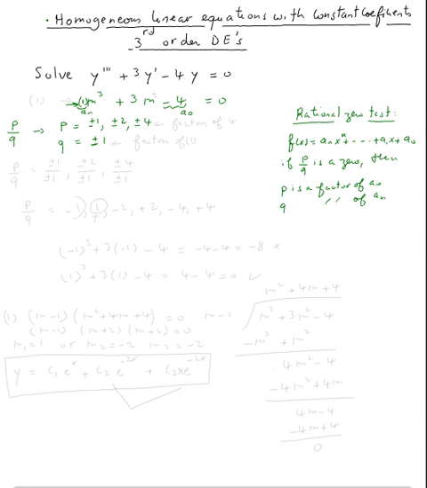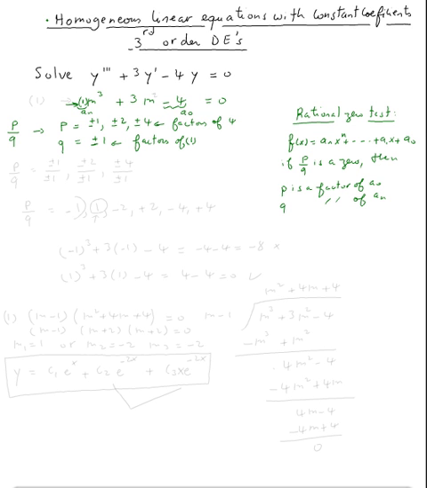So remember, p is a factor of negative 4, and this gives us all of these. And q is a factor of 1. So these are factors of 1, and these are factors of 4. Factors of 4 are plus or minus 1, plus or minus 2, plus or minus 4. Factors of 1 are plus or minus 1.